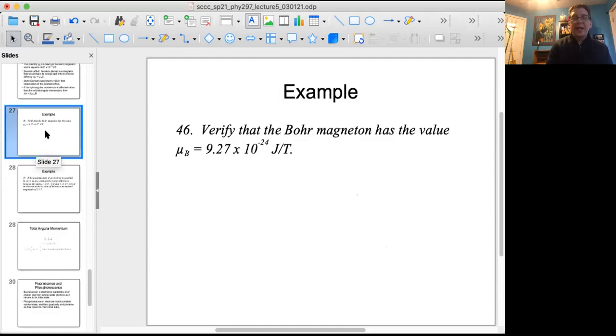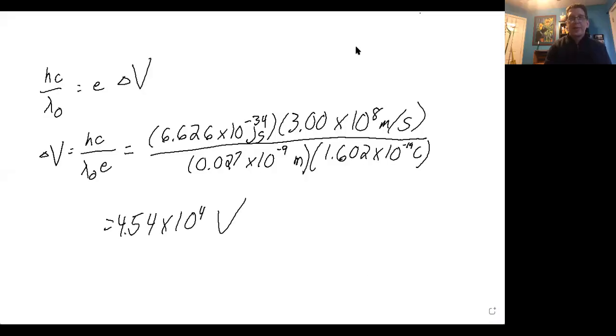So verify that the Bohr magneton has the given value. So that's e times h bar over 2m.